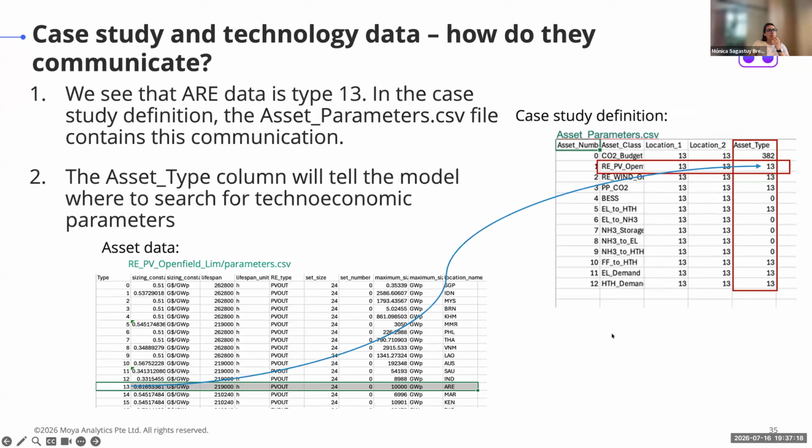A little bit of tips on troubleshooting if things are not adding up, or if you see some results that are weird. If you had, let's say, a smaller maximum capacity and you see that the model has installed more, then it might be these input issues. This is currently still a bit of a manual process to do.